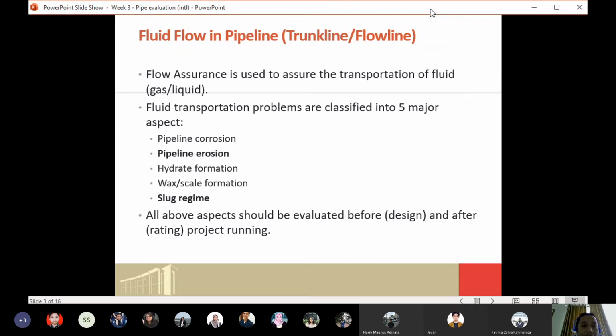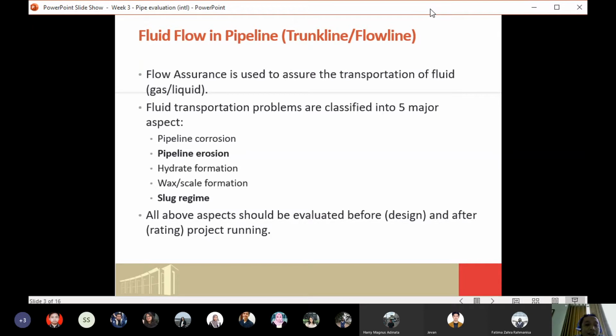The first is related to pipeline corrosion. The second is pipeline erosion, then hydrate formation, wax and scale formation, and also slug regime. This is the evaluation that we usually conduct at minimum for flow assurance.